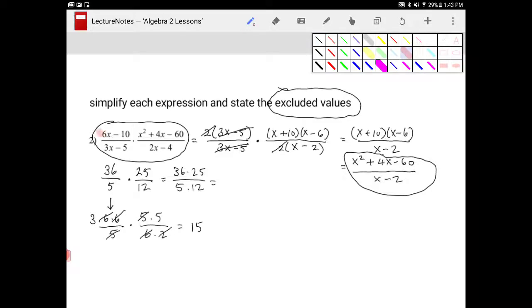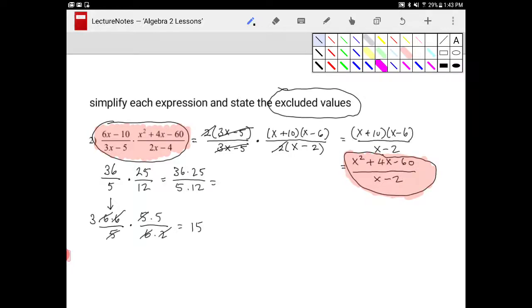There are certain values of x that are restricted here, and certain values restricted there, that we need to state. This is the domain that you're stating. So what are the values of x that we cannot substitute in here?